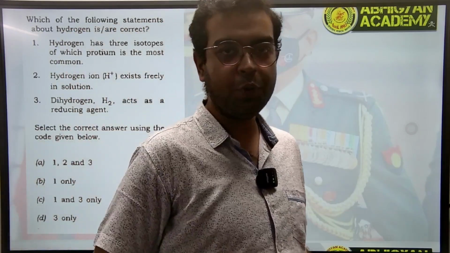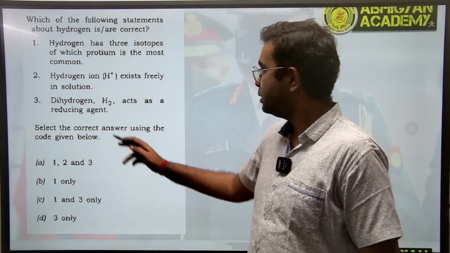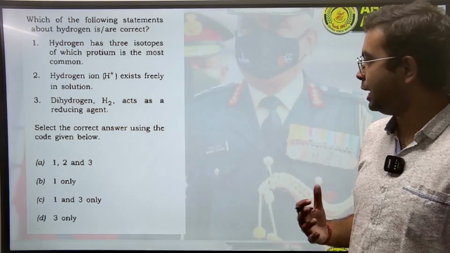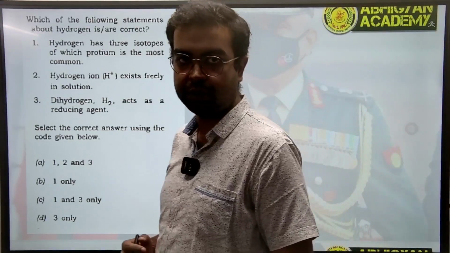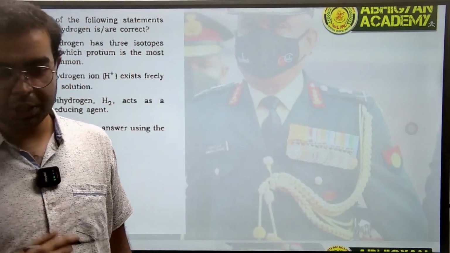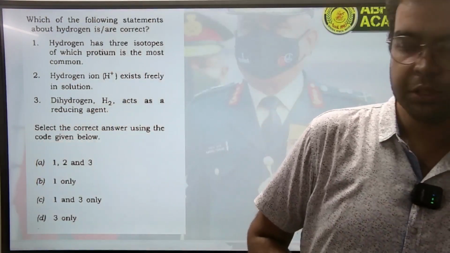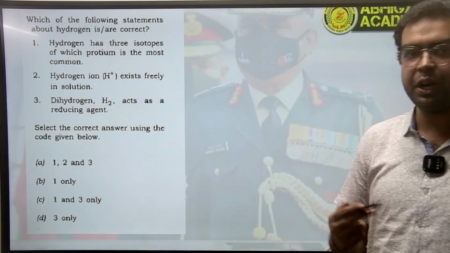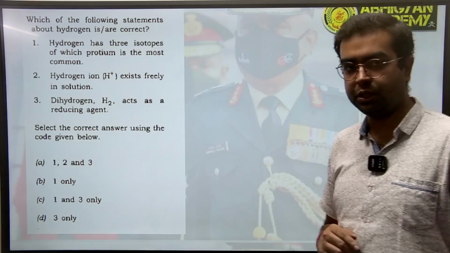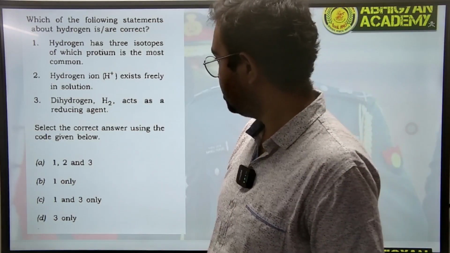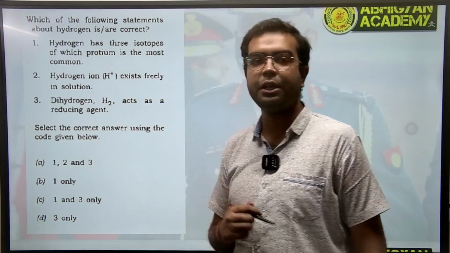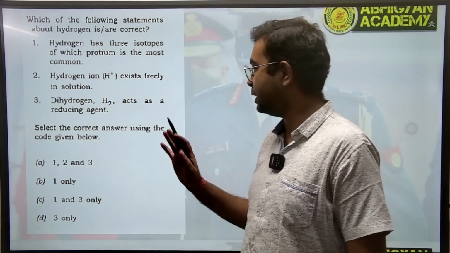Now here, if you look carefully, 3 is correct. Yes, dihydrogen H2 does act as a reducing agent. If you mix dihydrogen with something, it will take the oxygen out, or the hydrogen will get added. So this dihydrogen causes addition of hydrogen and removal of oxygen, which is nothing but reduction. So if this is causing the reduction, it is a reducing agent. So 3 is correct in all forms.